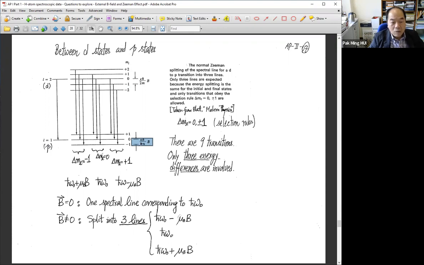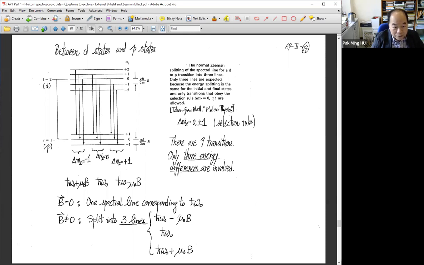Now, we need to exercise the selection rule on delta ML. When we do that, we can map out all the possible transitions. For example, from +2, it can go to +1 only. That is the only possible one. If you go from +2 to 0, delta ML is 2, which does not follow the selection rule. However, if you start from 0 up here, you can go to 0 down here.